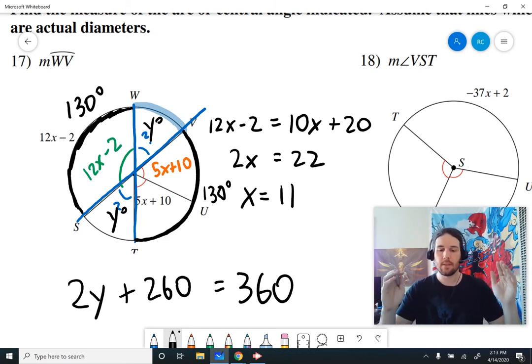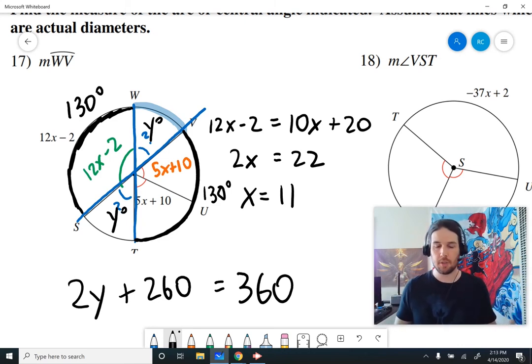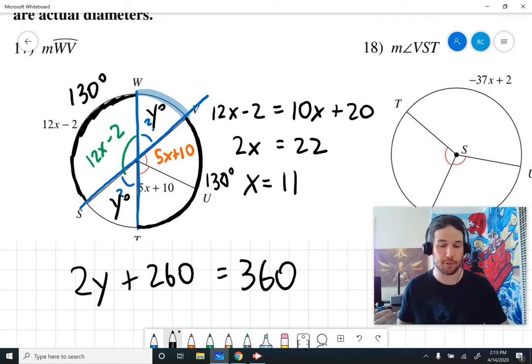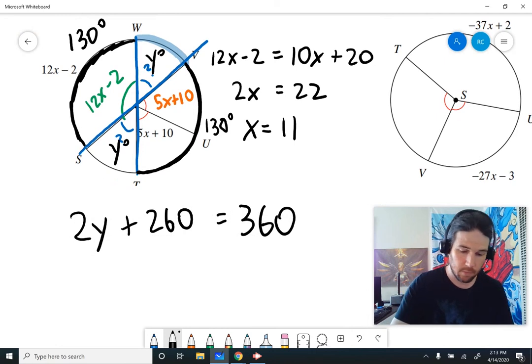Again, don't get bogged down by the notation. All I did was add up all of the degrees in the entire circle, except for the two that I don't know. And I know that the two unknowns are equal, so I get 2y plus all of that other stuff added up together, which happens to be 260, equals 360 because all circles are 360. You get y equals 50.